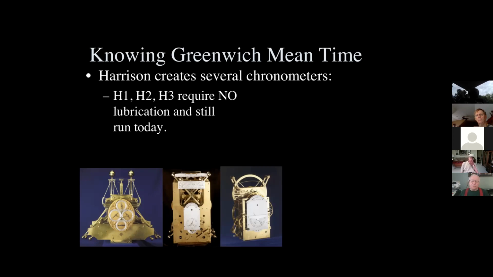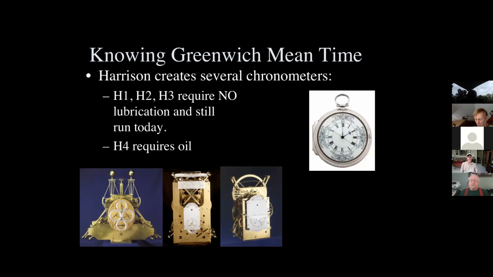H1 on the far left there, unfortunately, was about, as I recall, 5 feet tall and 5 feet wide and about 2 feet deep. So it wasn't really going to be convenient to have this thing on board ship. H2 and H3, much smaller, but still pretty large.